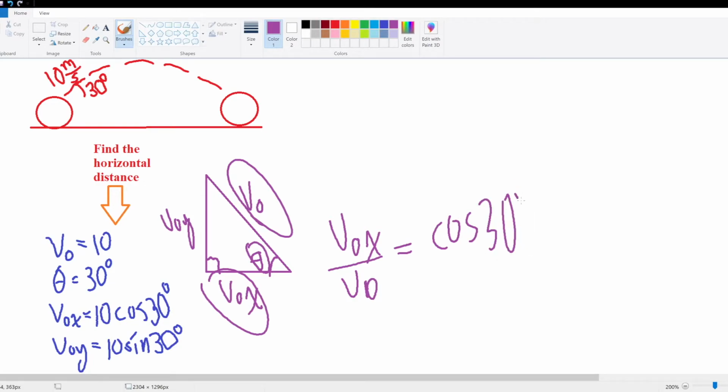So that's why we use cosine of 30 degrees. Now, why do we have 10 cosine of 30 degrees or 10 sine of 30 degrees? We add the 10 because our initial speed was 10, so that means we times 10. That's just something you have to learn in physics, and if you don't memorize it now, you probably want to pause the video and fully take it in, because you're going to use this a lot more.